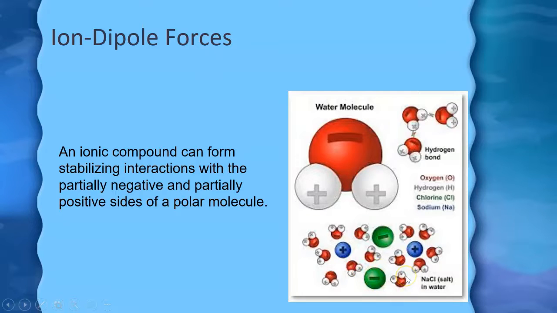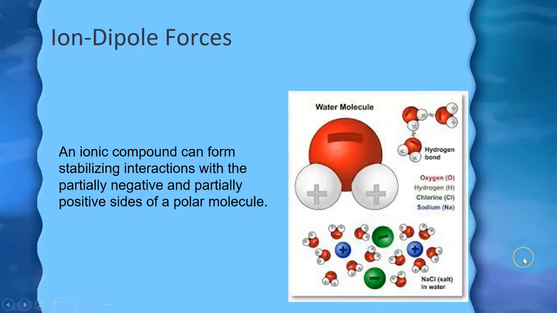So it just fits into that network of plus minus attractions. And in fact, it can even make it a stronger plus minus attraction because it's got a greater amount of charge involved. So ion dipole forces are some of the very strongest intermolecular forces.